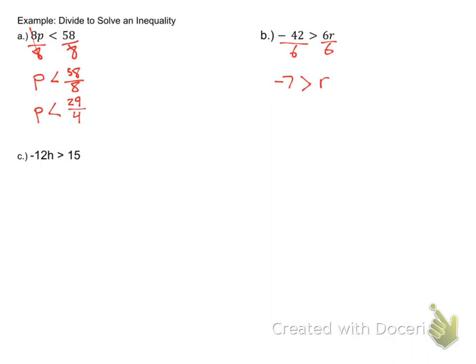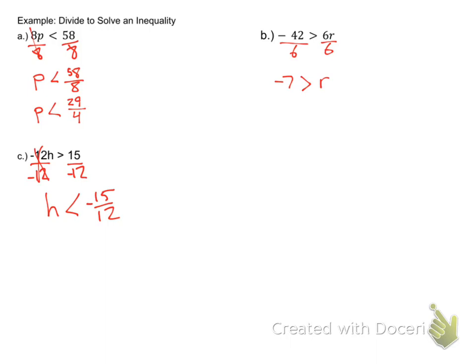And the last one, I'll give you a minute to try that out. So what's the next step on here to get h by itself? Divide by negative 12. Are bells going off in your head right now? We're now dividing by a negative, so what's going to happen? The sign flips, so h is less than negative 15/12.